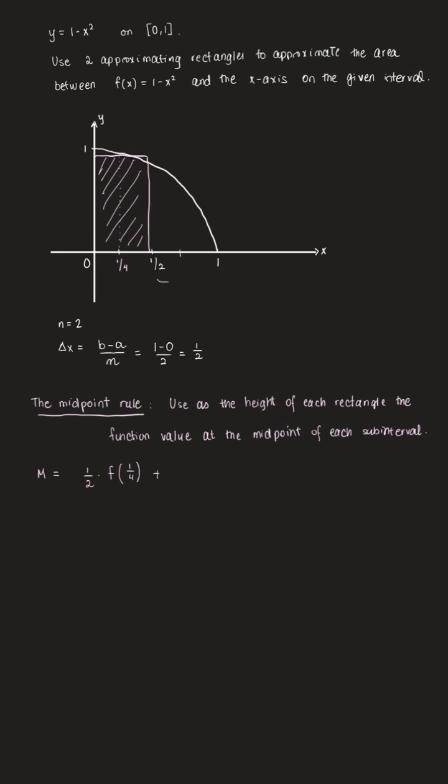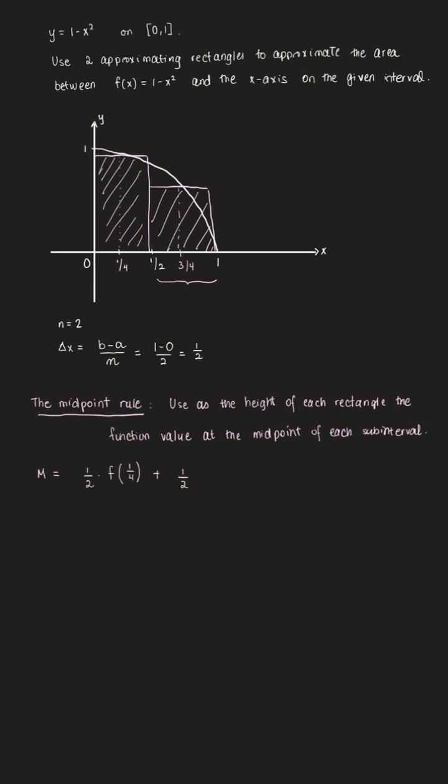The midpoint between 1/2 and 1 is 3/4. So we're going to take the height at 3/4 to be the function value at 3/4. And so this will be our second approximating rectangle. The width is still 1/2.